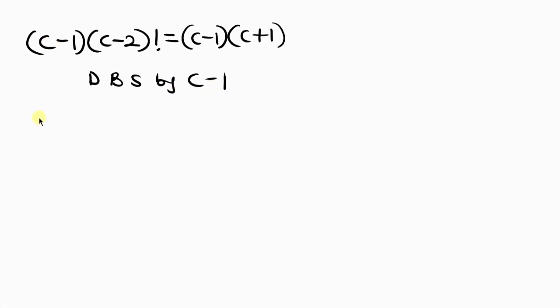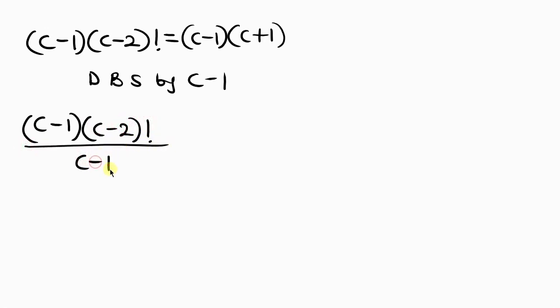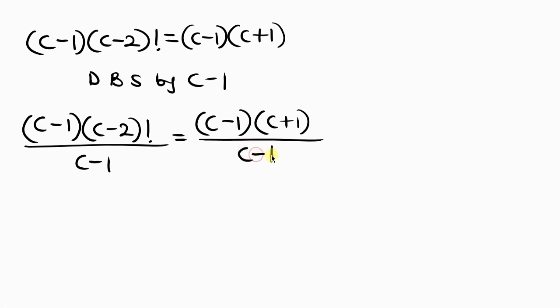So on the left, I have c minus 1 times c minus 2 factorial, and I'm going to be dividing this by c minus 1, equal to, on the right, c minus 1 times c plus 1. I'm going to be dividing the right hand side as well by c minus 1.